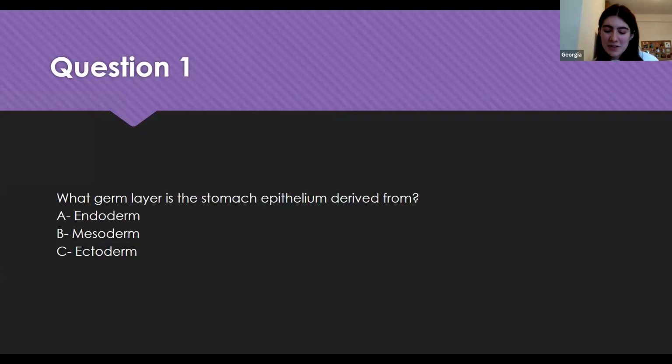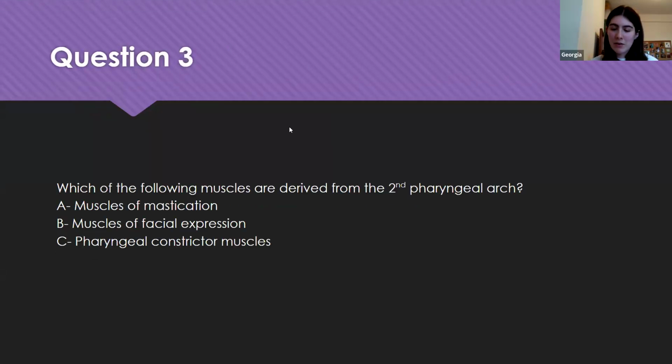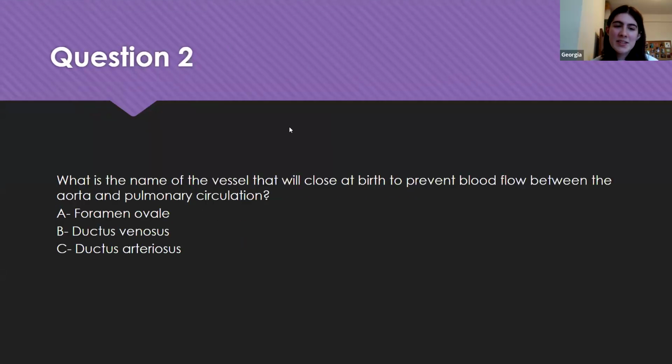So the answer for this one is A, endoderm. So the endoderm is the germ cell layer that gives rise to the gut tube lining. Let's just remember that one. Next up. What is the name of the vessel that will close at birth to prevent blood flow between the aorta and the pulmonary circulation?